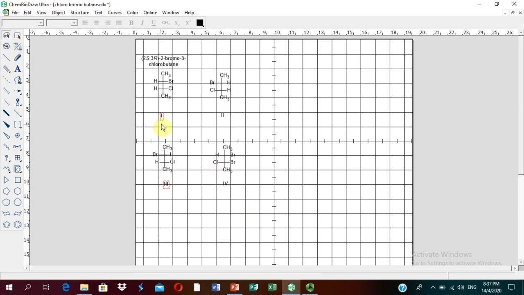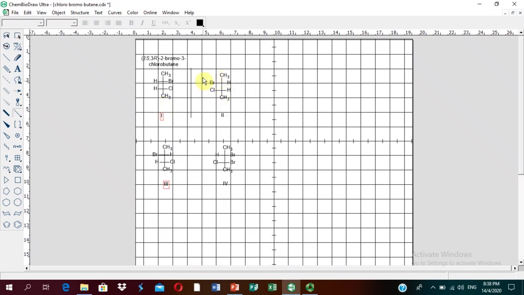Okay, if we compare structure 1 and structure 2, just put a mirror here. Okay, object, image. So CH3, CH3 image, Br, Br image, Cl object, Cl image, CH3. So number 2 is the mirror image of object 1.